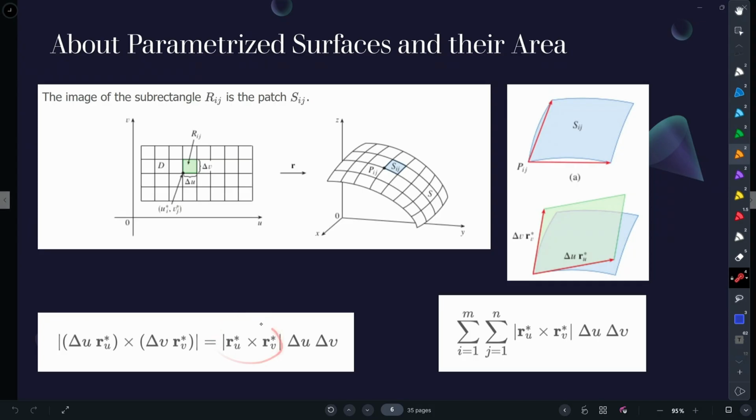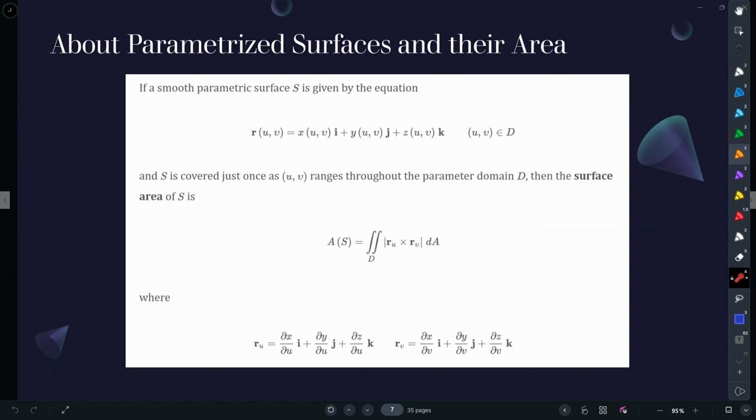That is because the length of a cross product is in fact the area of a parallelogram spanned by those two vectors. So we had a formula: if we have a parameterization in some domain, then to find the area of the surface, we do the integral in area with the conversion factor given by that cross product.